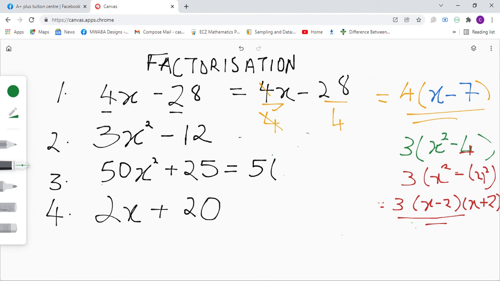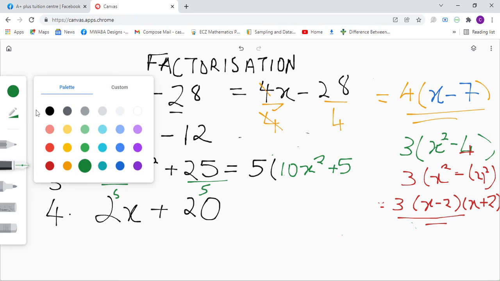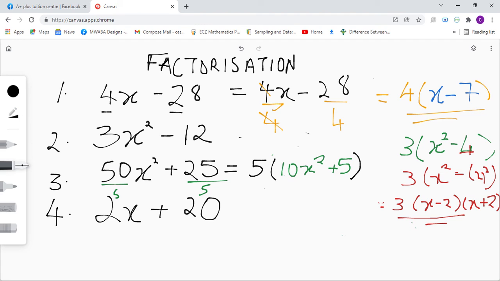We'll divide both sides by 5. 5x squared divided by 5 is x squared, plus 25 divided by 5, that's 5. That is our answer.